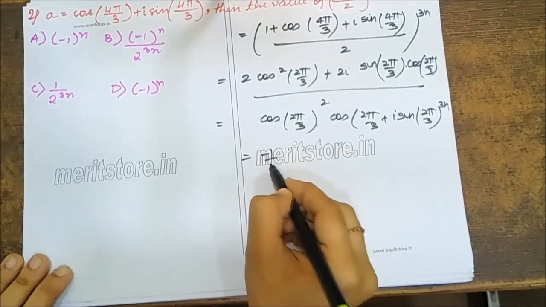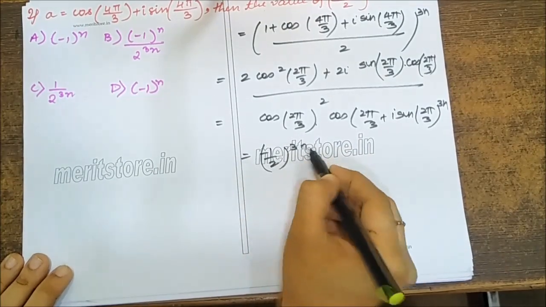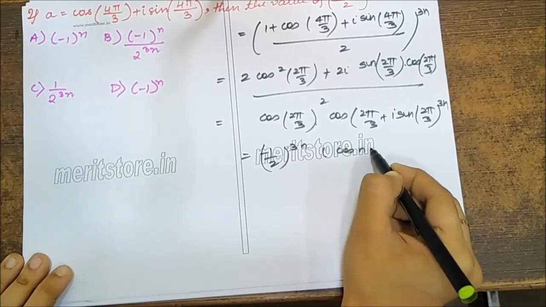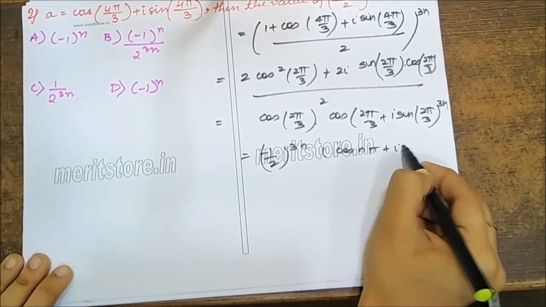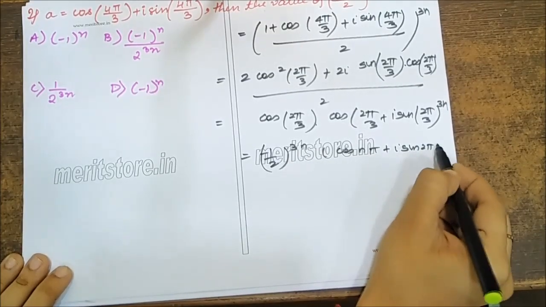So that is minus half raised to 3n, cos of n pi plus i sin 2 pi n.